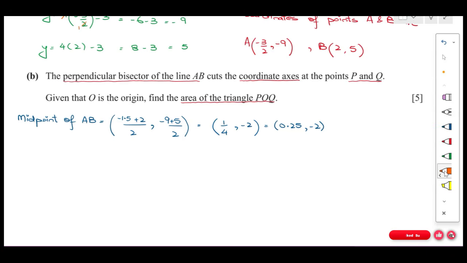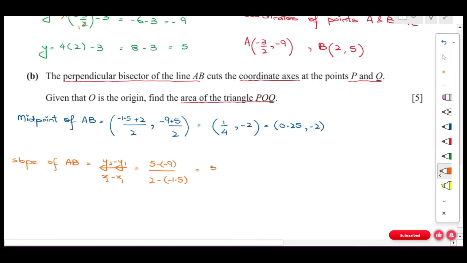Now the next thing we need to figure out is the slope or the gradient of AB. Slope of AB is equal to y2 minus y1 divided by x2 minus x1, right? Okay, so y2 is 5 and y1 is negative 9. So 5 minus negative 9 divided by 2 minus negative 1.5.